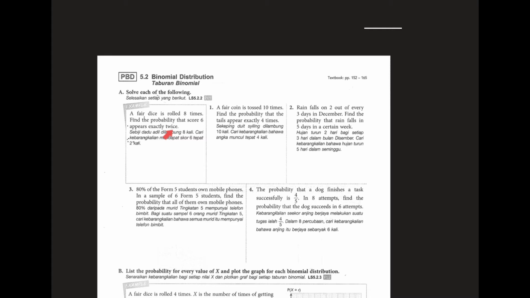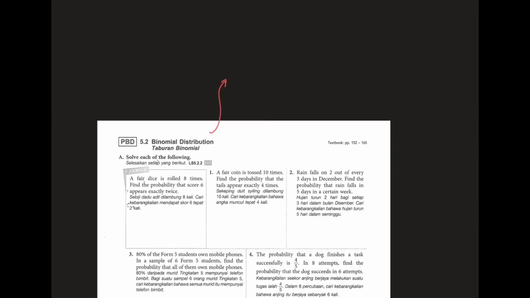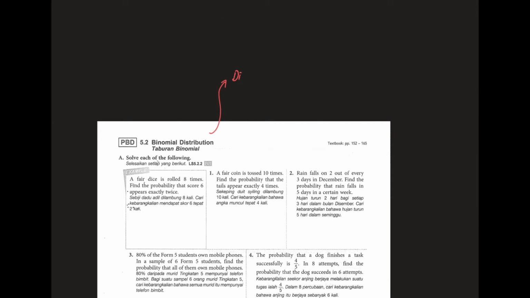So how to solve? Now I give you an example first, or a formula at least. You need some formula for this case. For binomial distribution, first, you need to know it is a discrete distribution.